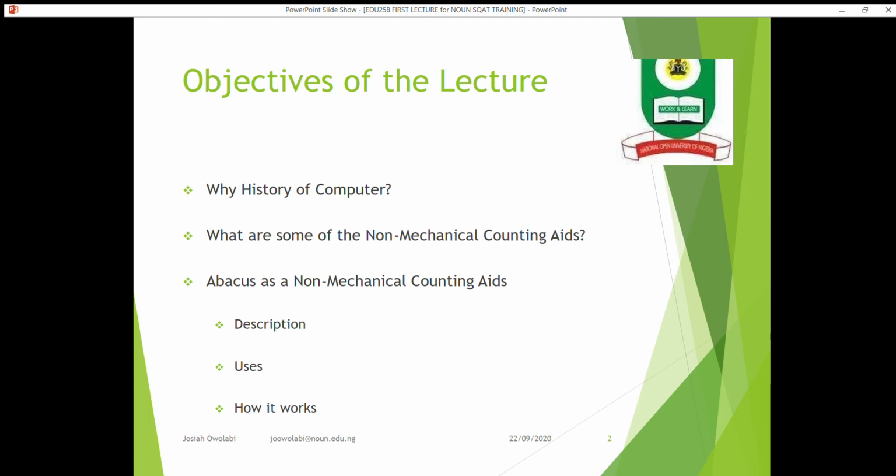Then we need to look at some of the non-mechanical counting aids. By the way, you know there are mechanical counting aids and there are non-mechanical counting aids. They started in a crude way to look at how to do some counting and get aids for counting. We are going to look at this also. Three basic issues we are going to address in this lecture. I encourage you to come along.